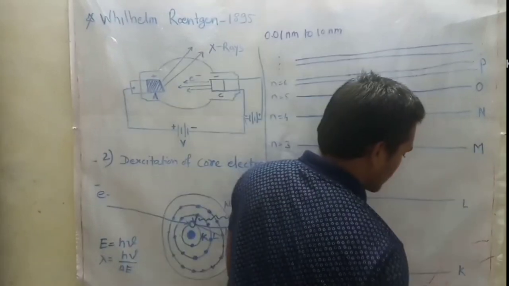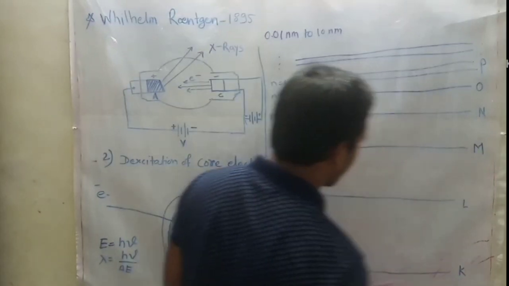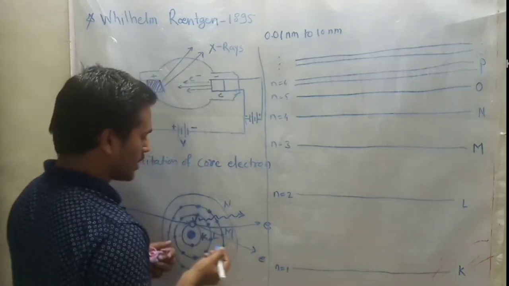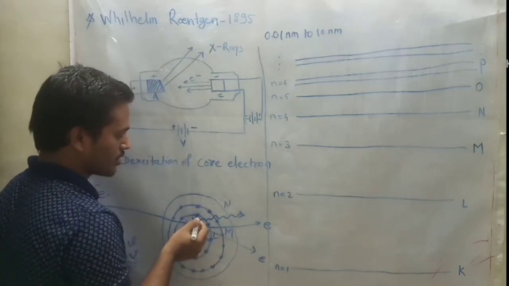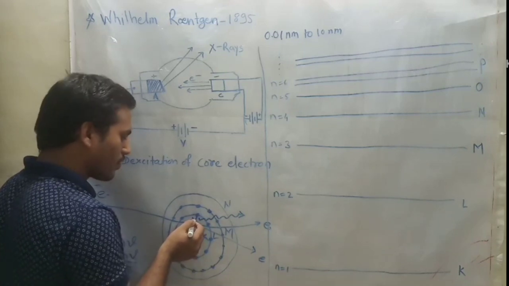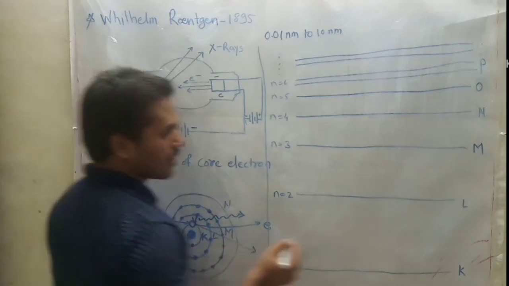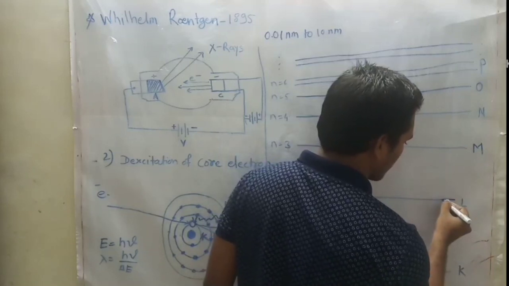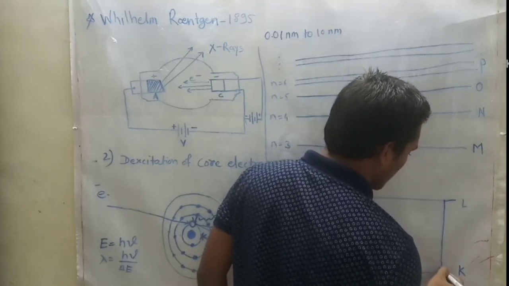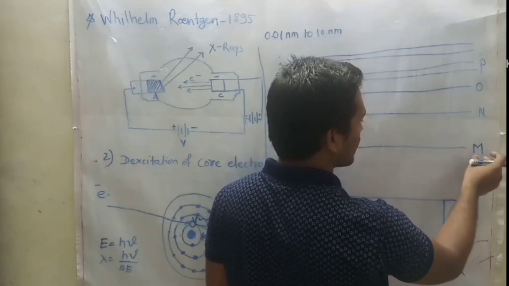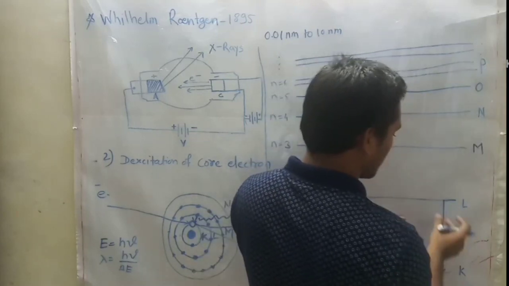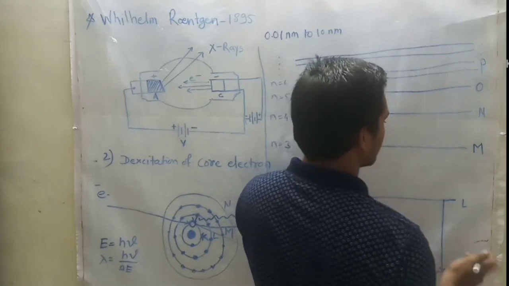If we assume that there is a vacancy created inside the K shell, then the L shell electrons drop into this vacancy. That is, there is a transition from L to K. Also, the electrons from M, N, O, P also make a transition to the K shell.